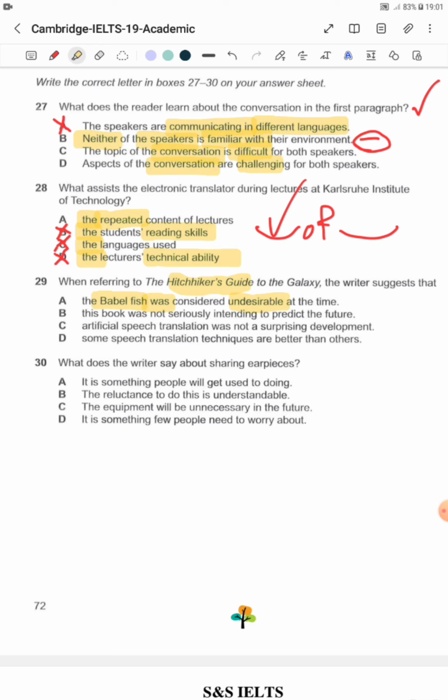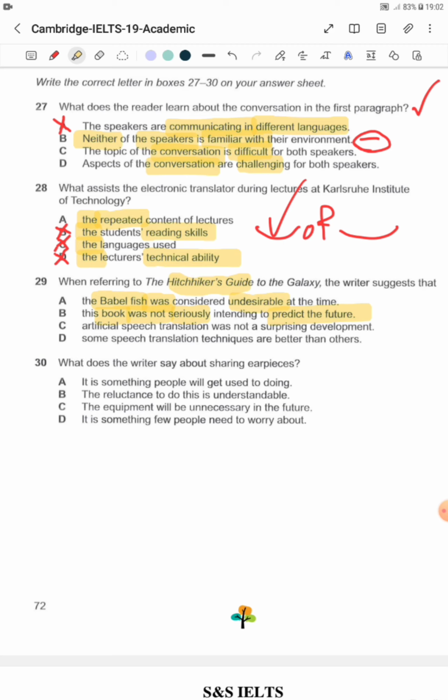And B, book, seriously intending to predict the future. So I have checked the book pertaining to "was not intending", and "seriously" is important. The book seriously predicts the future. This is what we have to notice. These are the keywords.